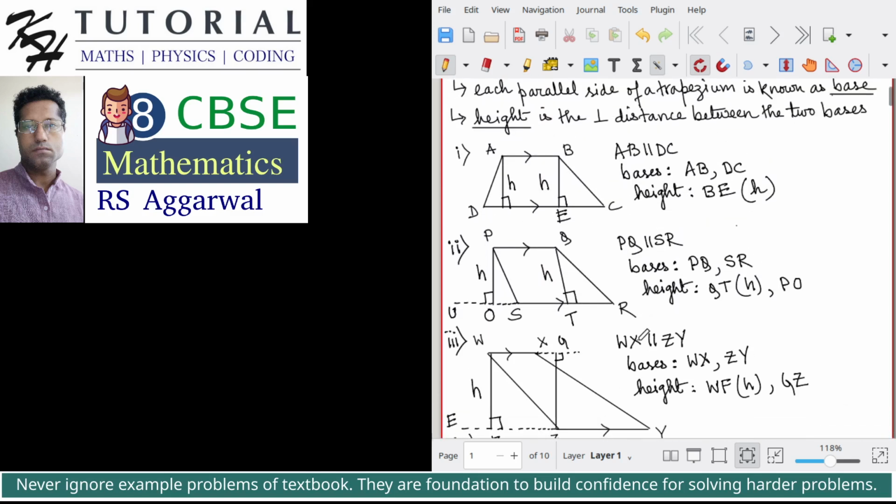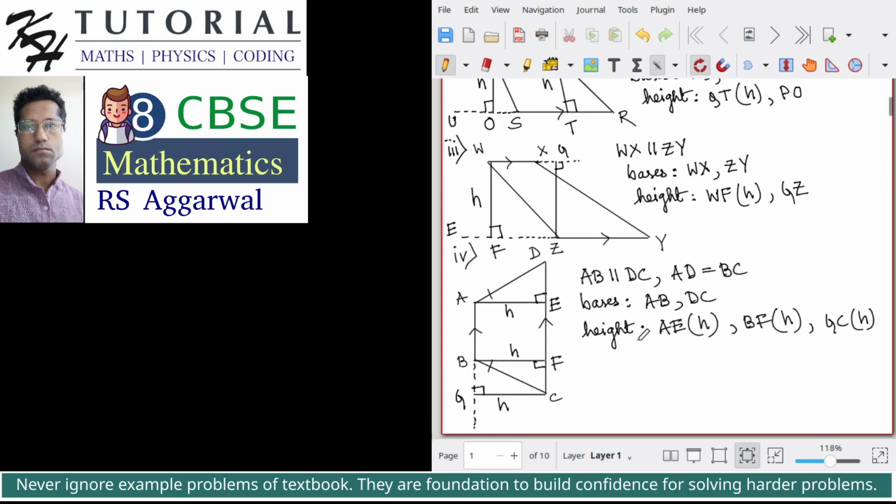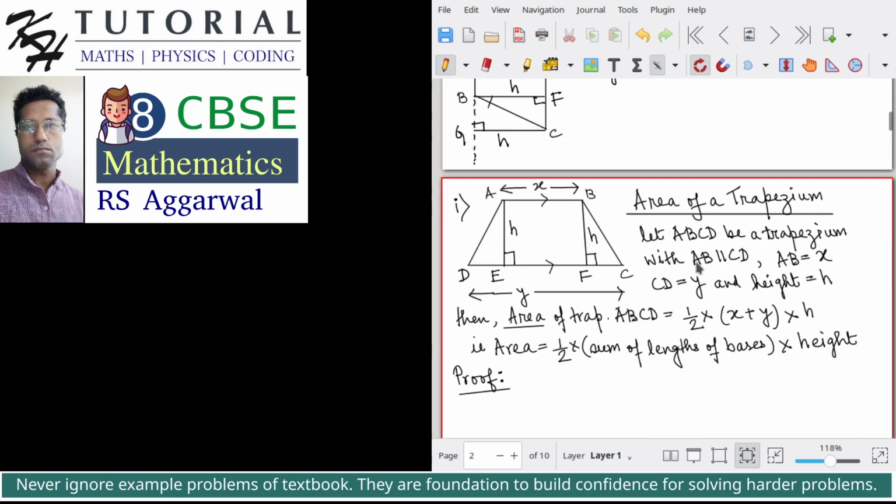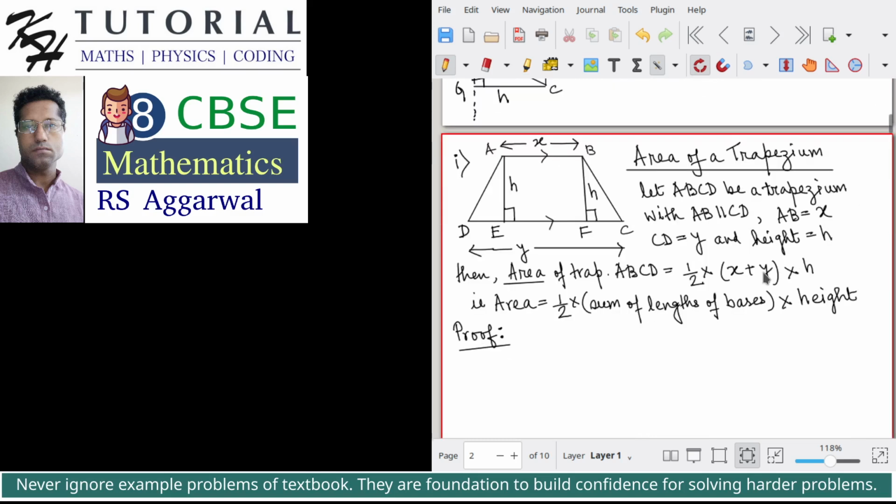Okay. Now let's see what the formula for the area of a trapezium is, based on the lengths of its two bases and the height or altitude. So in this figure we can see ABCD is a trapezium. This is a very general trapezium. You can see that AB is parallel to DC, and we have drawn the altitude or height.